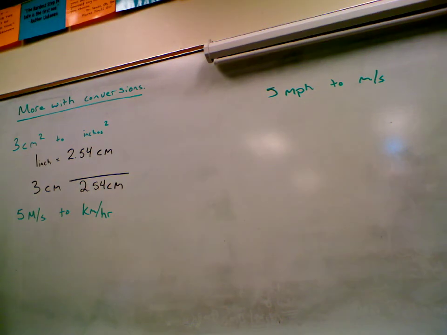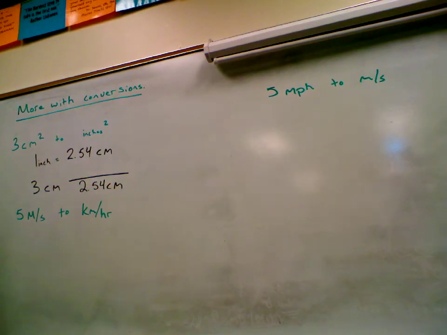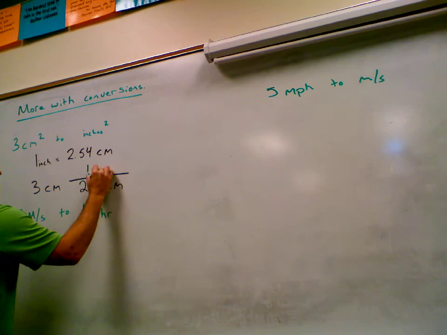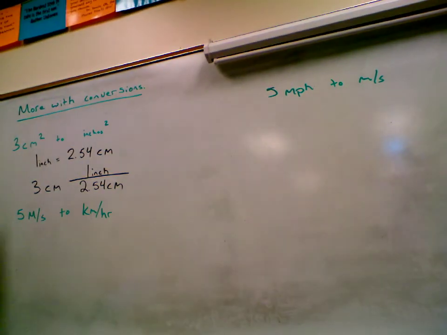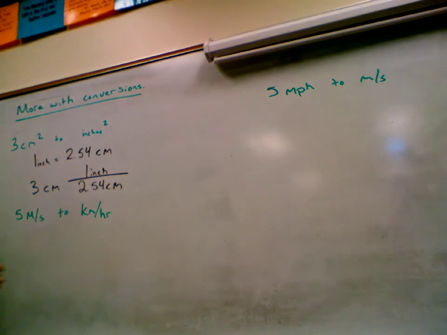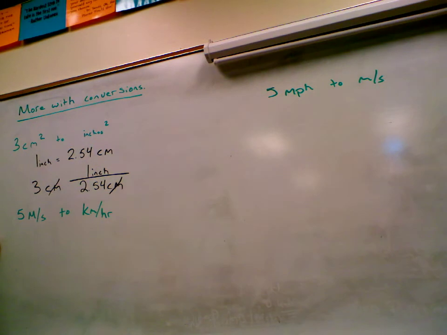And what will go on top? Inches, 1 inch. Now, if I did that, this would cancel out my centimeters, wouldn't it? So if I was just working in centimeters, I'd have my answer now. I would have 3 divided by 2.54 inches. You guys can probably figure that out.